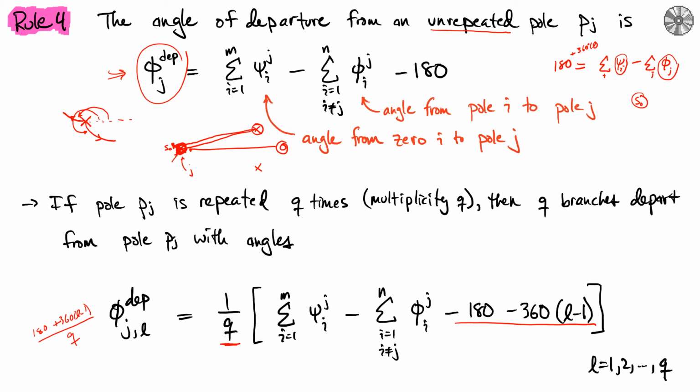These two terms together produce that. It just means that the departure angles, if there are more than one branches coming out of that pole because it has multiplicity greater than 1, is just going to be the same formula as what we had above, but now it's going to be divided by this multiplicity that we get from Rule 5. Notice that you can go ahead and use this formula even when q is equal to 1, and you get the exact same answer.